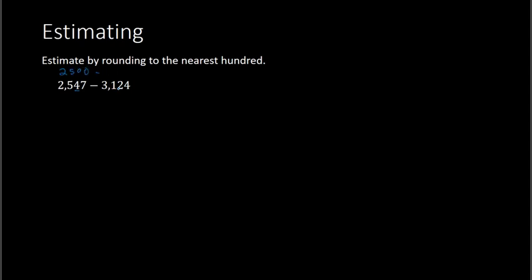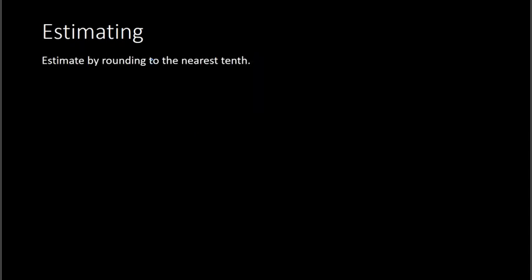And then over here, rounding this one to the nearest 100, I look at the 2, it's closer to 0, which means the 1 stays the same. So this would be 3,100. So I have 2,500 minus 3,100. So 25 minus 31 would be a negative 6. So this would approximate to negative 600. And in reality, the actual answer would have been a negative 577. So we are close by estimating. We're not too far off.